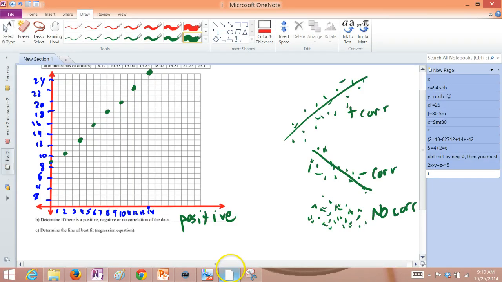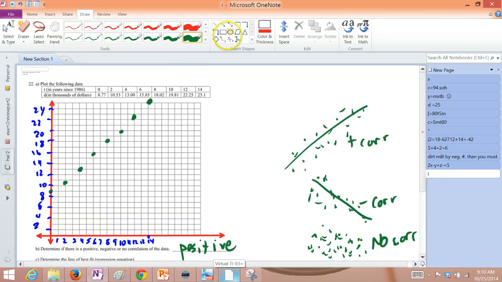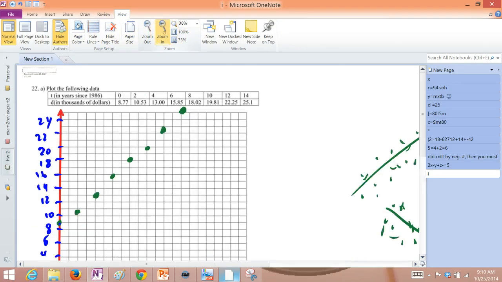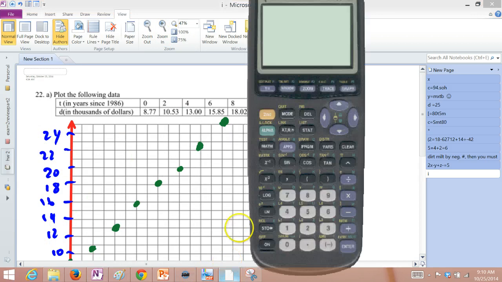We have to enter our points into a calculator. I'll be using the graphing calculator.